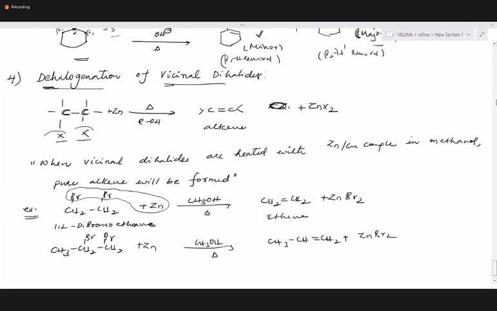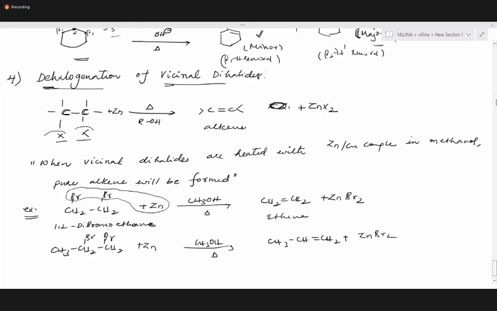So what is the role of alcohol? What's the role of alcohol? It's a solvent. Probably it will facilitate the removal, the reduction part of the zinc. Sorry, the oxidation part of the zinc.